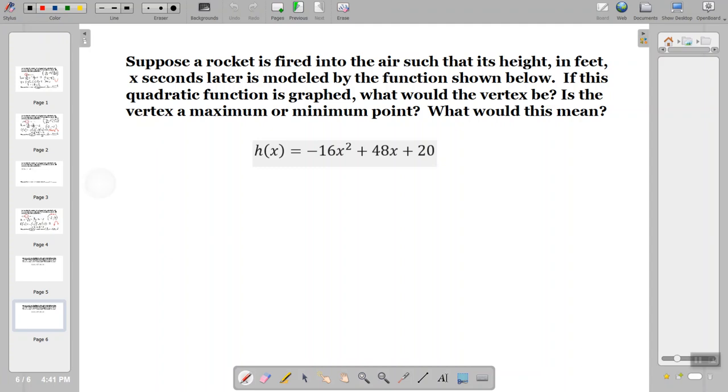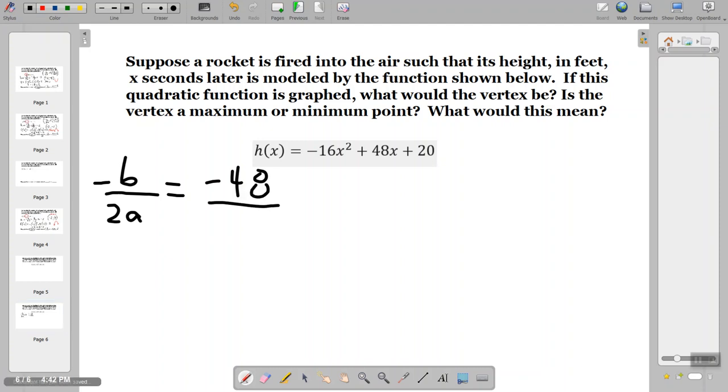We'll do the opposite of b over 2a. b is 48, so the opposite of 48 is negative 48 over 2 times a. 2 times negative 16 is negative 32. Negative 48 divided by negative 32, well, that's not going to come out as a whole number.